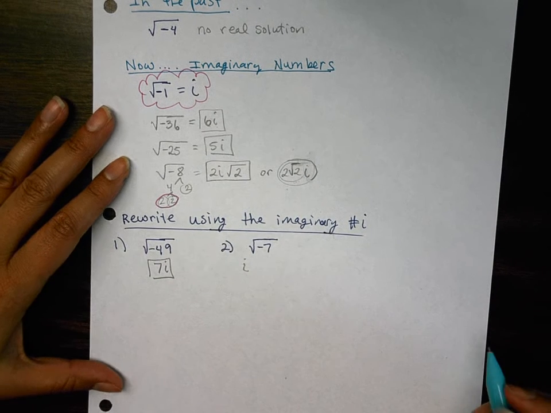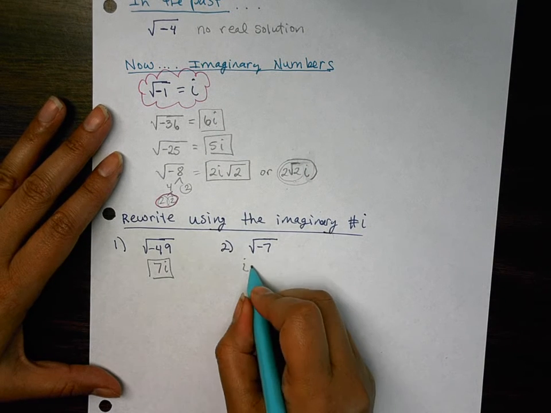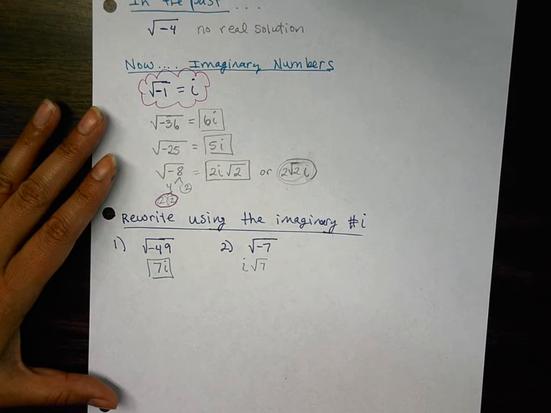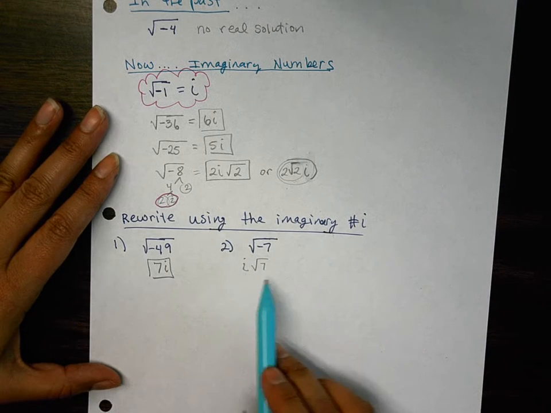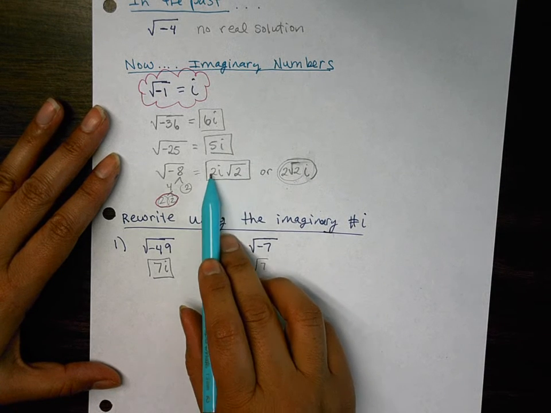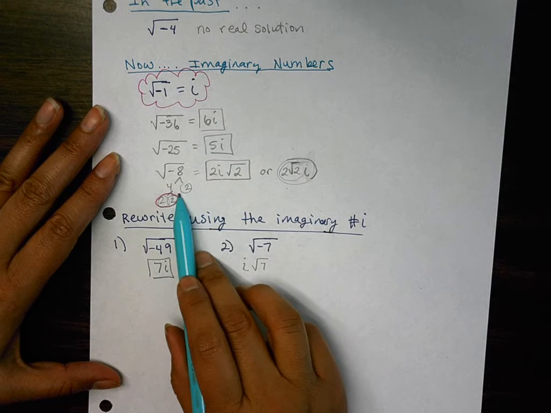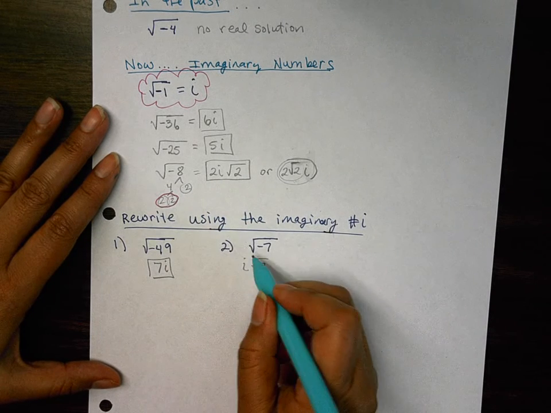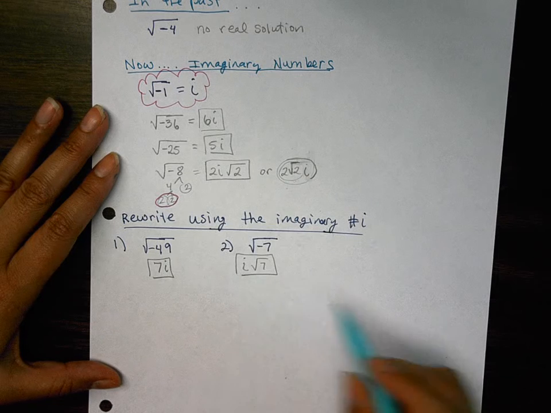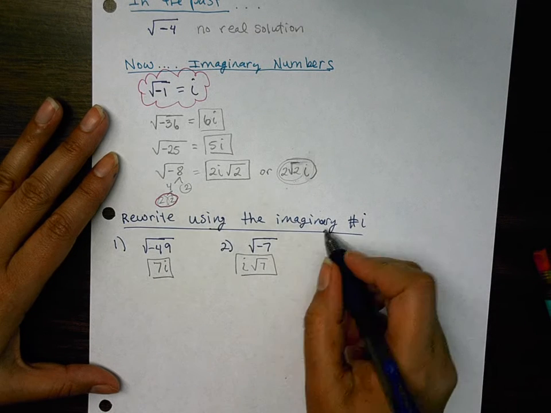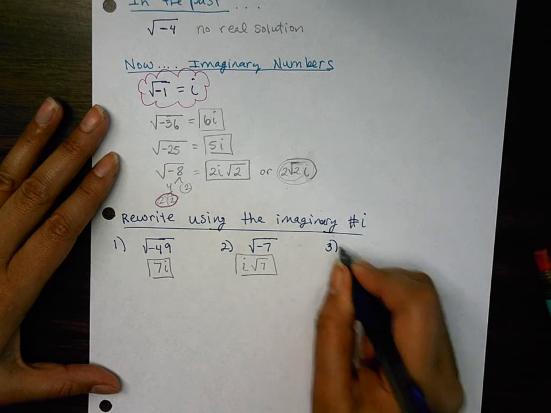So what's the only thing that comes out of this one? i, and what stays in? i root 7 is your answer. So it's kind of like this one here, but the 2 came out with the i because they were pairs. There are no pairs here, so this is just i root 7.